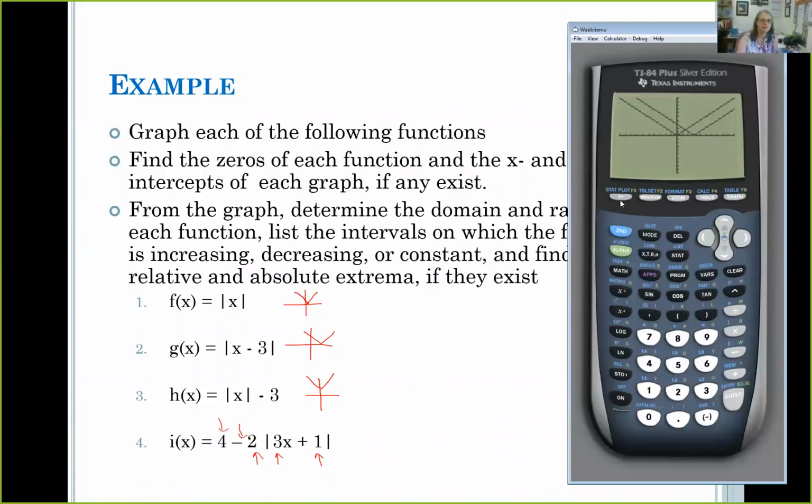So if we graph that, we should expect an upside down V with its peak at -1, 4, and then it's going to be steeper.